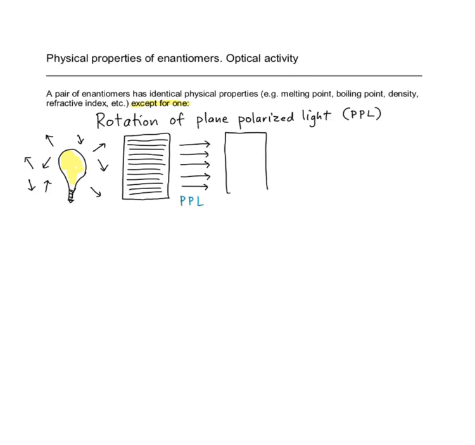Okay, so let's say now that you have plane polarized light, you allow that light to pass through a sample. It's going to be a pure sample of a chiral molecule. So this is in some kind of a sample cell, and the light passes through it. The light is able to interact with the chiral molecule in such a way that the plane is rotated.